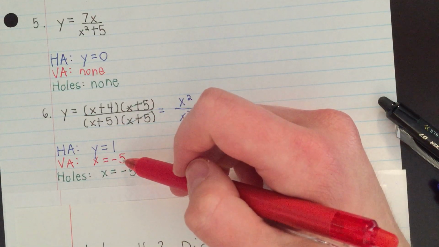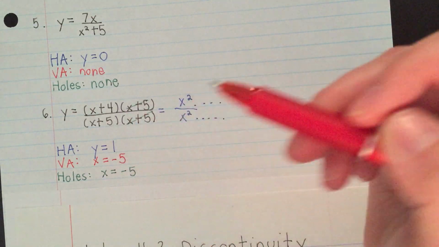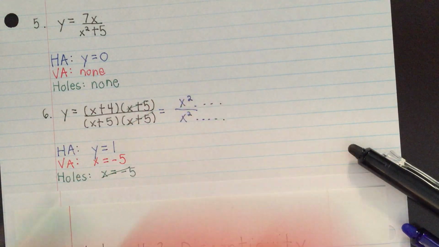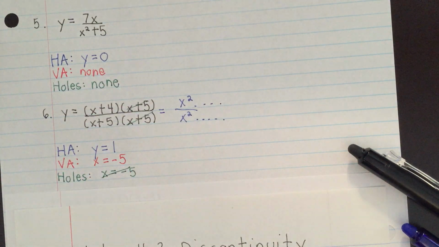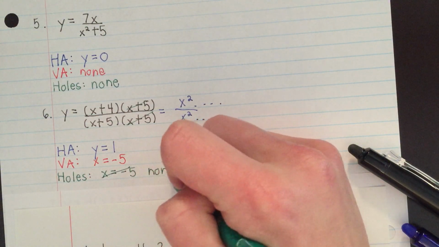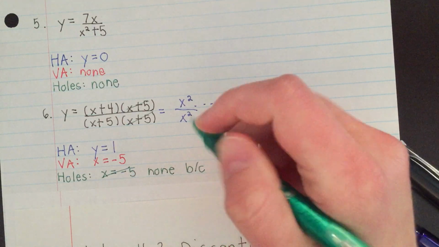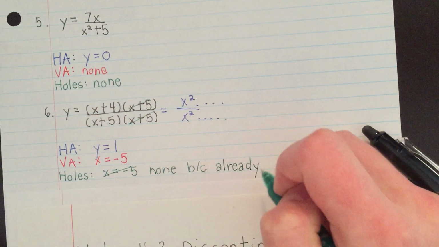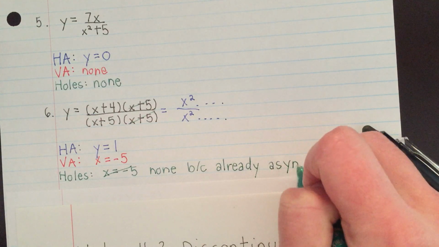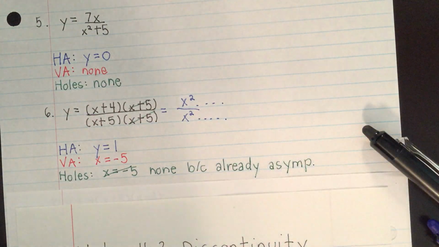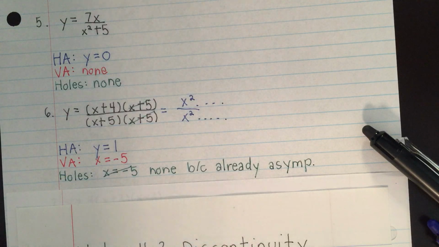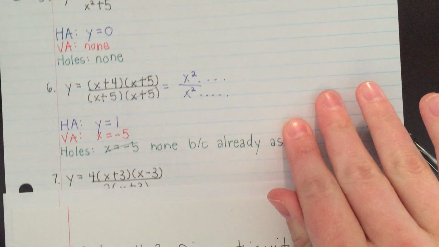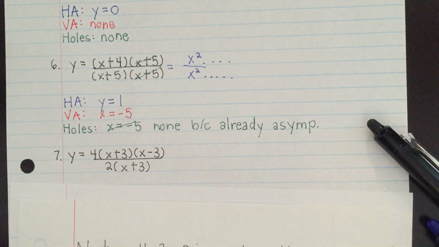So because there's an asymptote there, because of this 0, it actually ends up being that there's no hole, because there's already an asymptote there. So it's kind of a special situation for this one. Okay? No hole because there's already an asymptote.